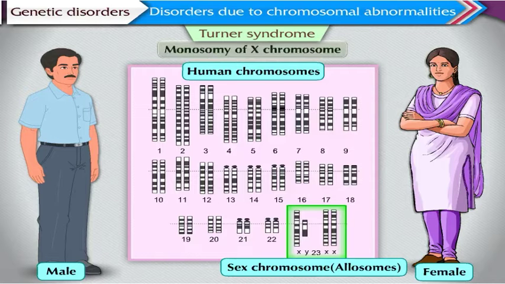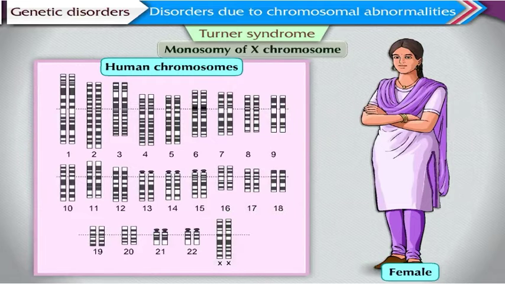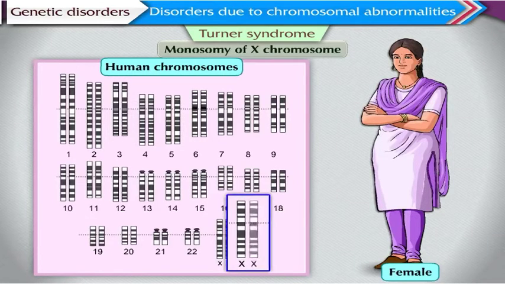This disorder arises due to abnormalities in the XX sex chromosomes in females. The cause of this disorder is either inheritance of only one X chromosome from parents to offspring, or one part of the X chromosome related to the sexual characters becomes non-functional. Hence, only one X chromosome functions.